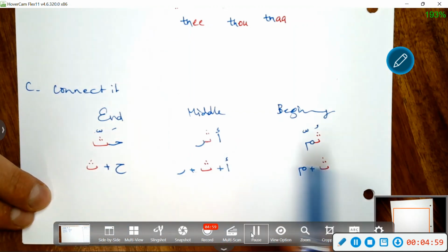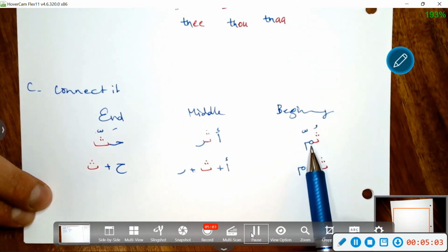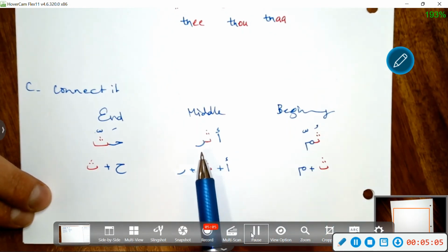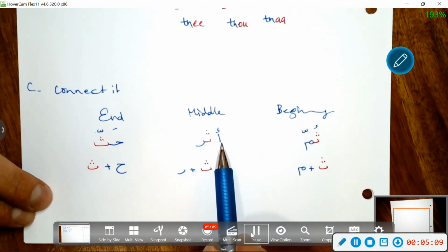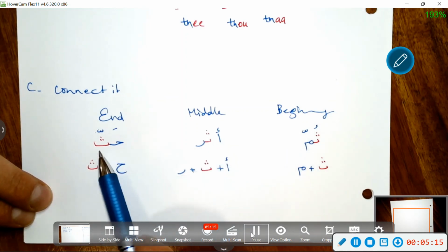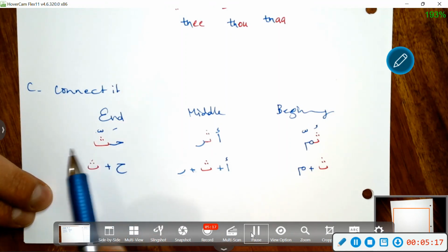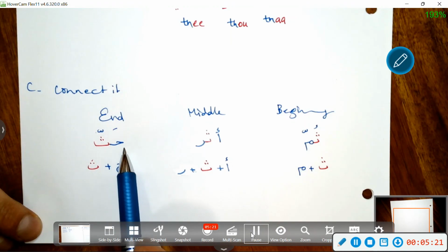So as we see at the beginning, the tha is connected this way. In the middle, it should be connected both ways, but alif does not connect with the next letter, so it didn't connect here. Hatha, now it's at the end of the word. It's complete, but it's connected from the right side.